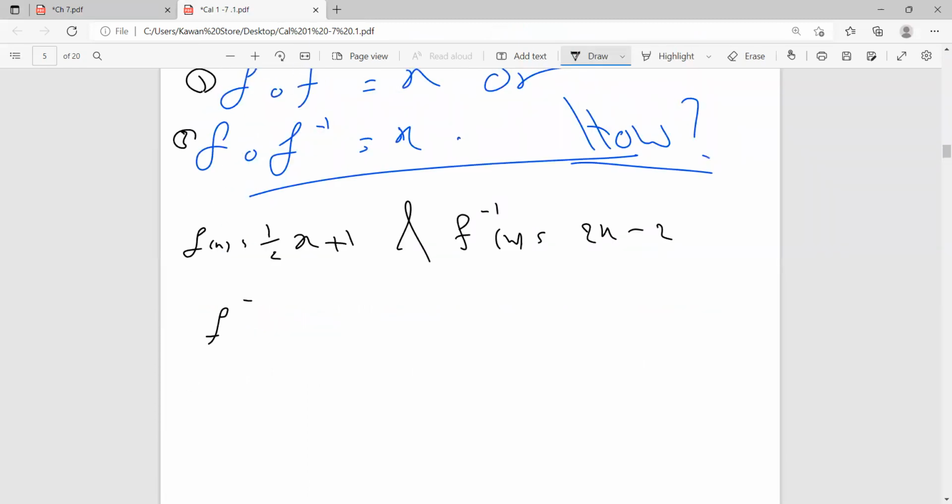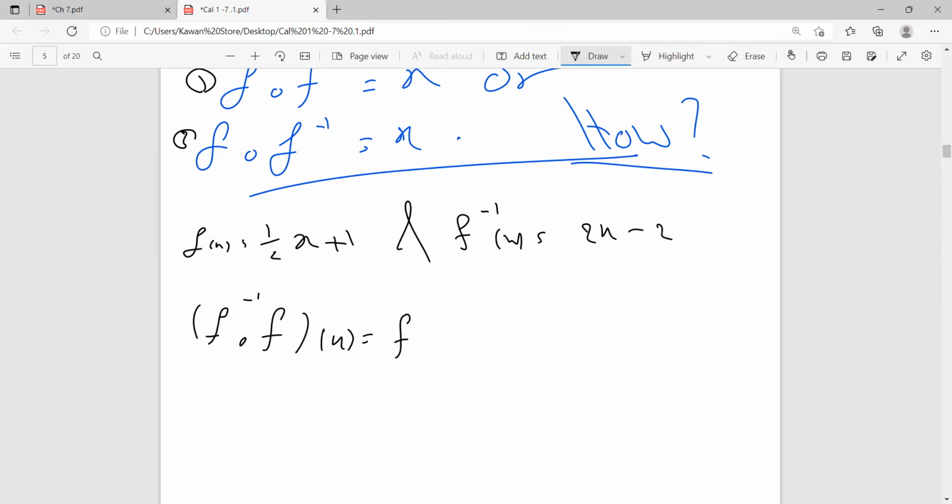So I'm going to solve f inverse f of x. How did we solve the composition function before, if you remember? That one's called circle.